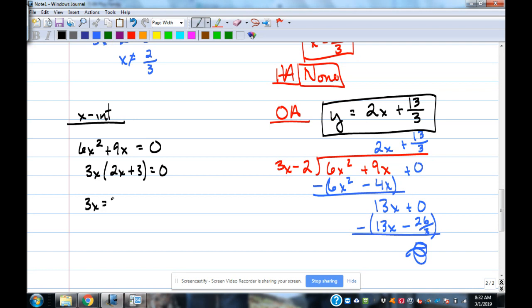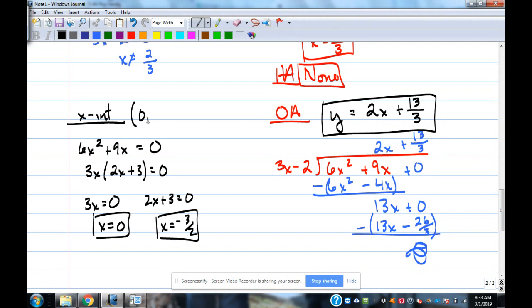We get 3x equals 0 and 2x plus 3 equals 0. So x equals 0 and x equals negative 3 over 2. So we have two x-intercepts, one at the origin and one at negative 3 over 2, 0.